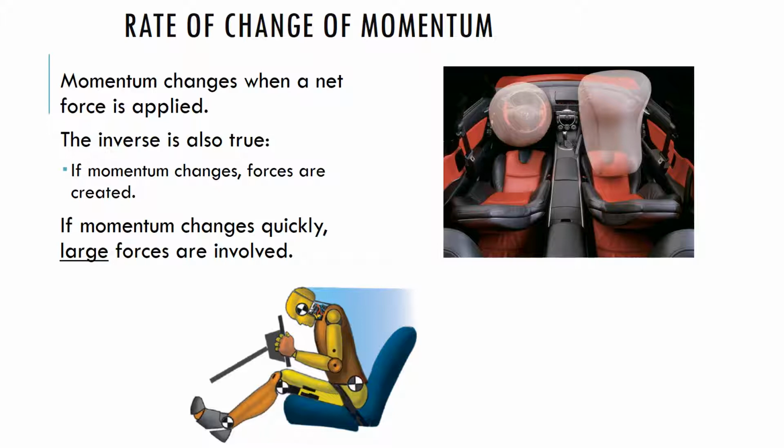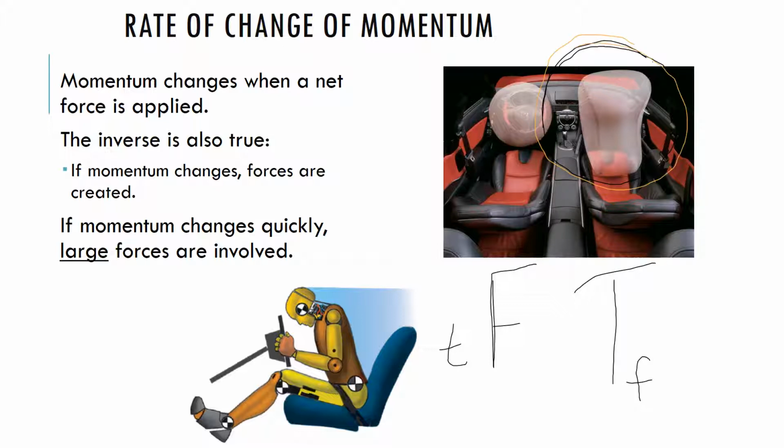So remember, if we have a small t, we're going to have a big force. But if we have a big t, a big amount of time, we're going to have a small force. So that's why we have airbags in the car, because it helps change the impact of the accident by increasing the amount of time that it happens, and thereby decreases the force.